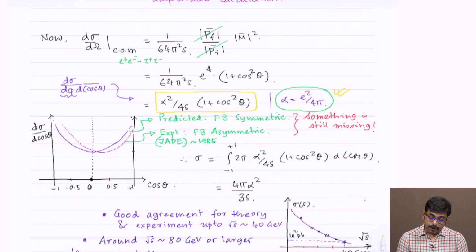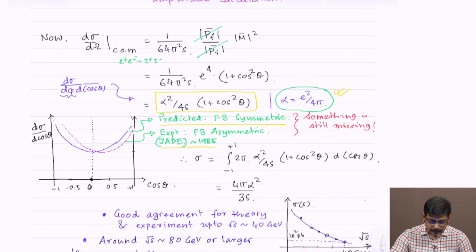Now, this is something which is going to predict, as I told you in the last class, a symmetric distribution in terms of cos θ. However, there is one part I would like to mention now. An experiment in 1985 which probed this behavior of e+e- to μ+μ- actually saw something not quite in agreement with what we have obtained.